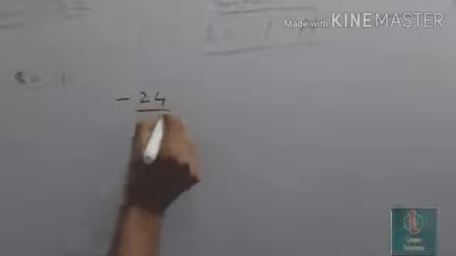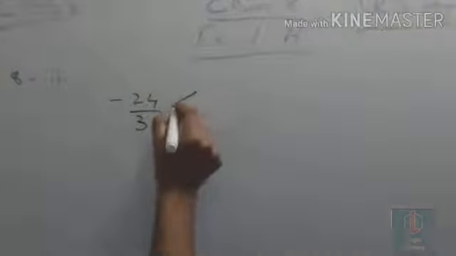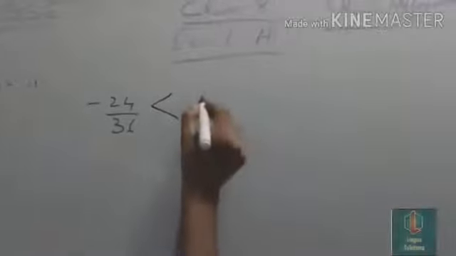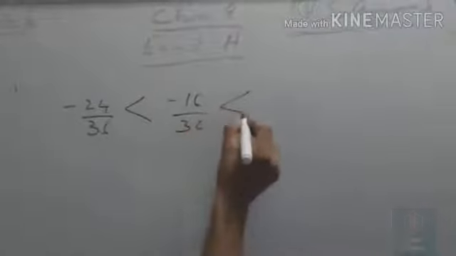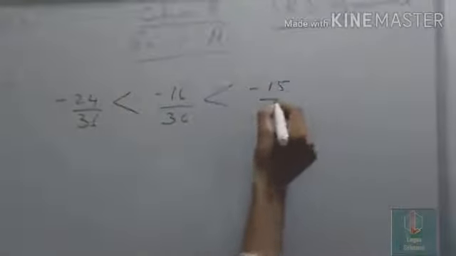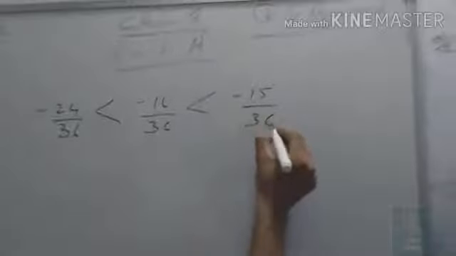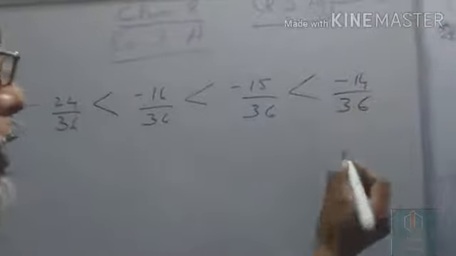So we can write it as minus 24 by 36 is less than minus 16 by 36 is less than minus 15 by 36 is less than minus 14 by 36.